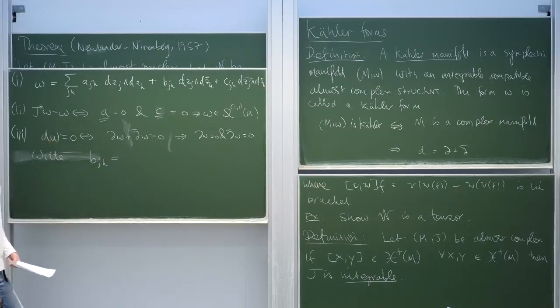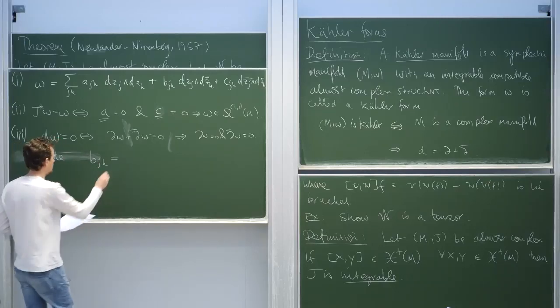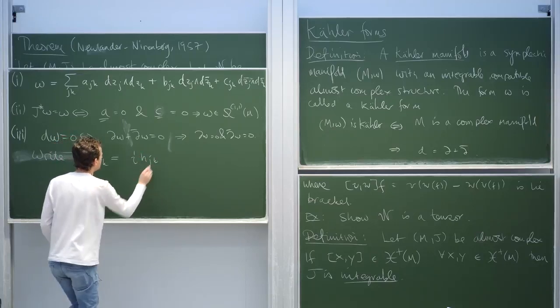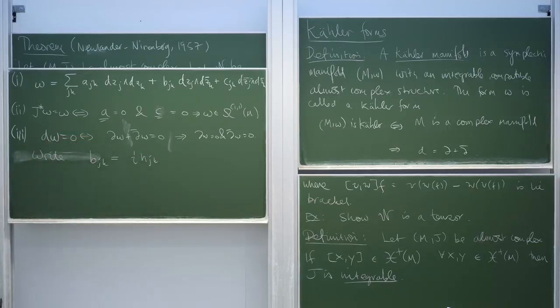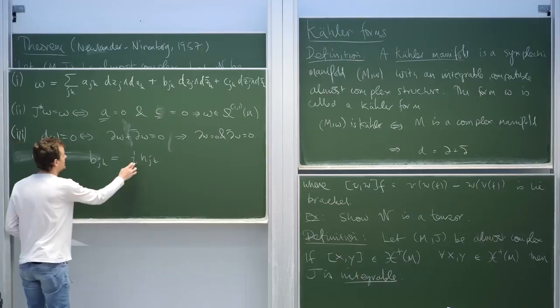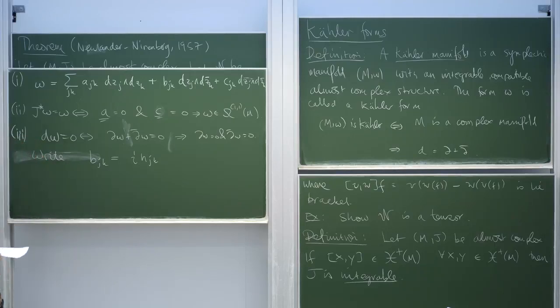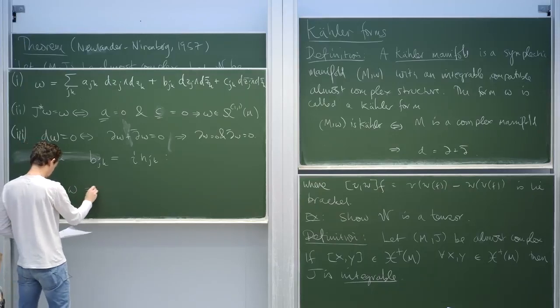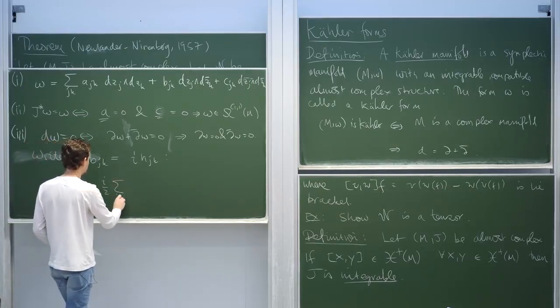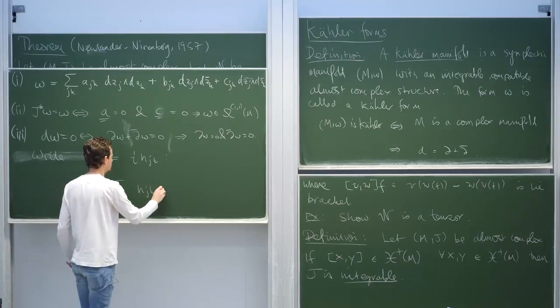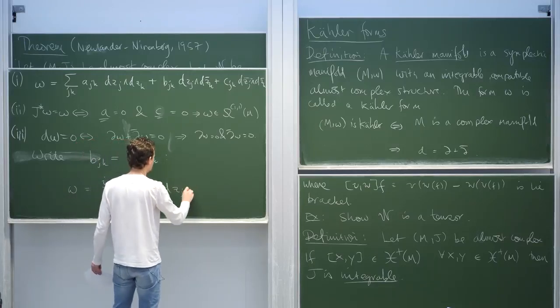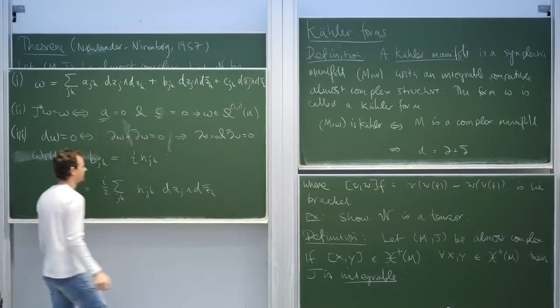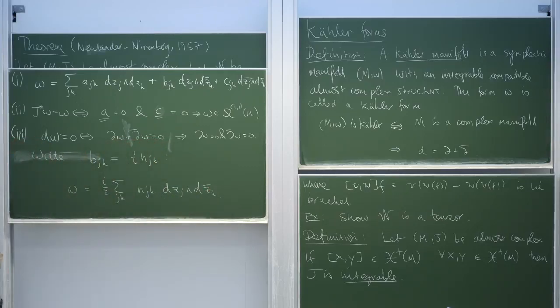So the only coefficients that are left in this local expansion are the b's. It's sort of useful to define h's to be i times the b's. And in terms of these new variables, we have the following local expression for omega.